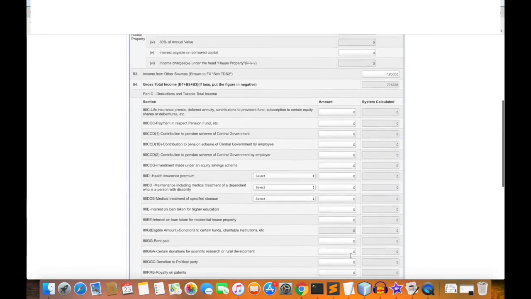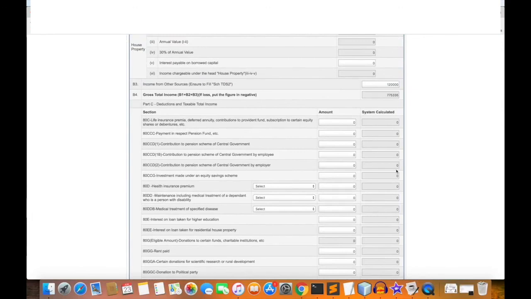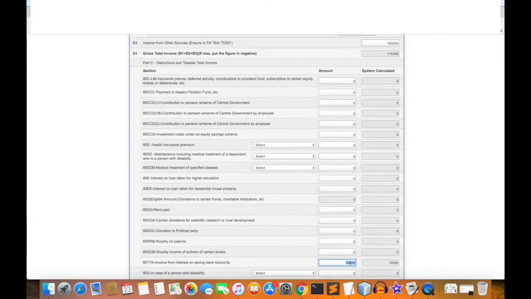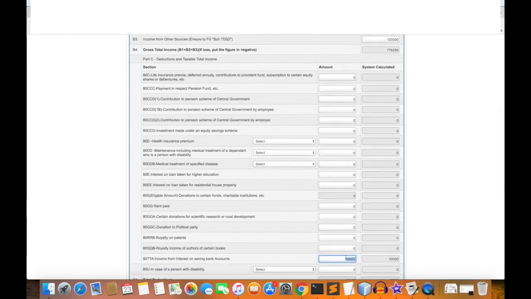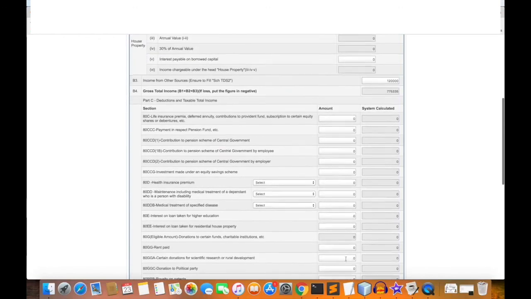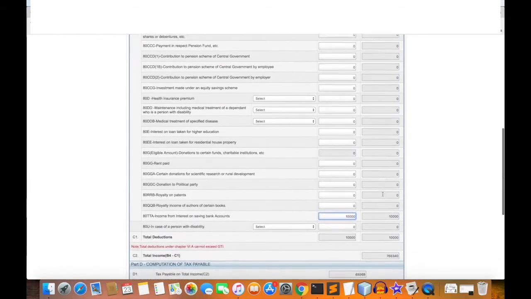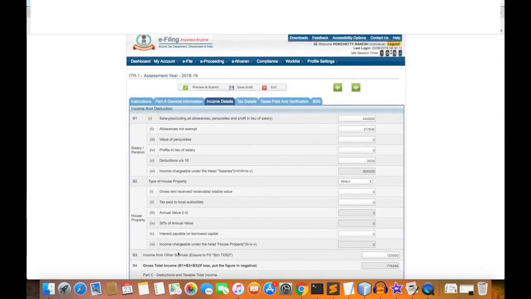If he had received 5,000 rupees as interest, then he can claim only 5,000 rupees. If he had received 50,000 rupees as interest, then he can claim up to a maximum of 10,000. So the maximum limit is 10,000, but the minimum depends on your savings account interest. So that's it about the income from other sources.